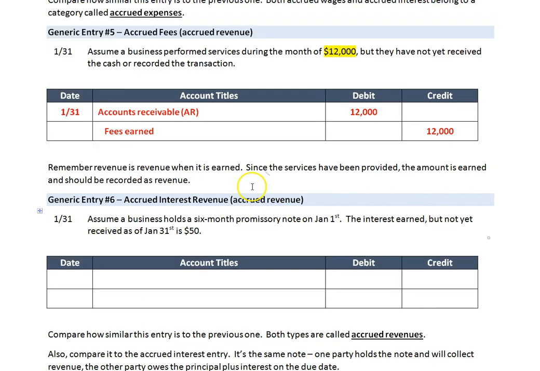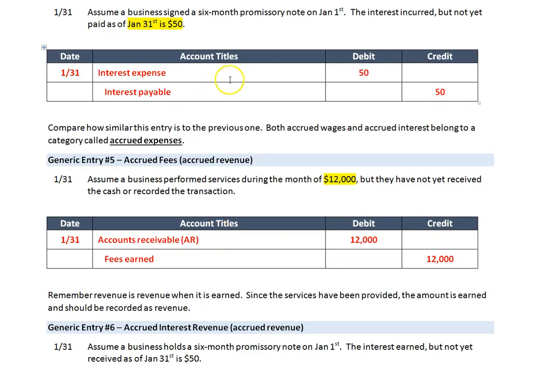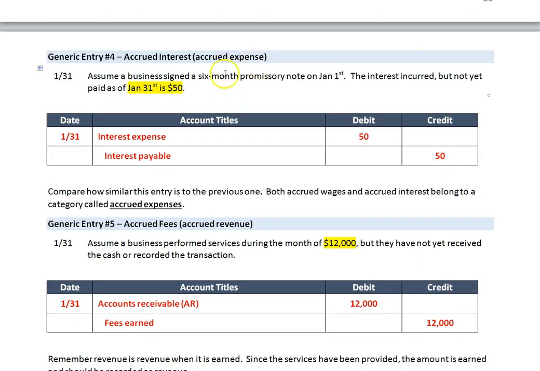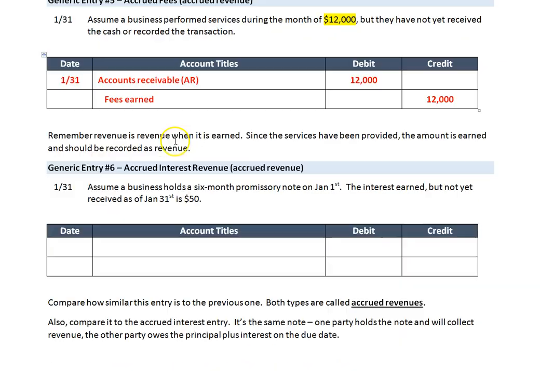Here we're going to see another accrued revenue. This time it's for interest. It's going to look quite a bit different from this accrued expenses. In this case, we're the one who owed the interest to another party. And the one down here, we're the one who holds the note and will earn the interest over time. So in this case, it's $50. I give you the amount. There's no calculation. This is revenue.